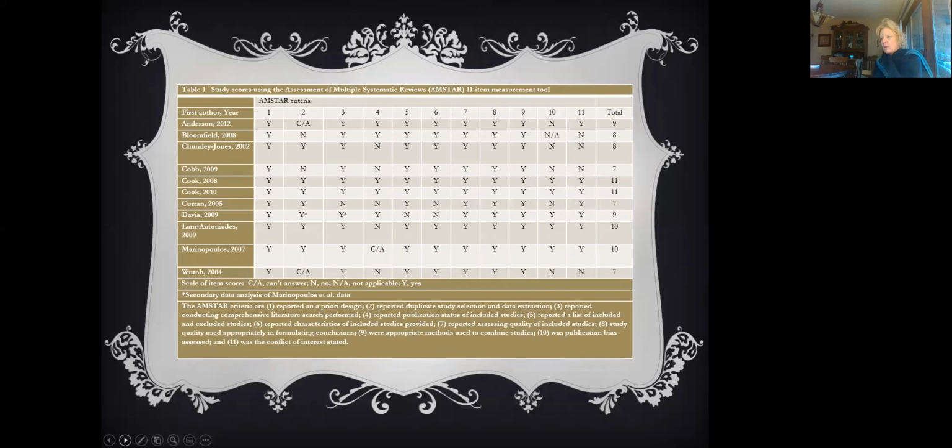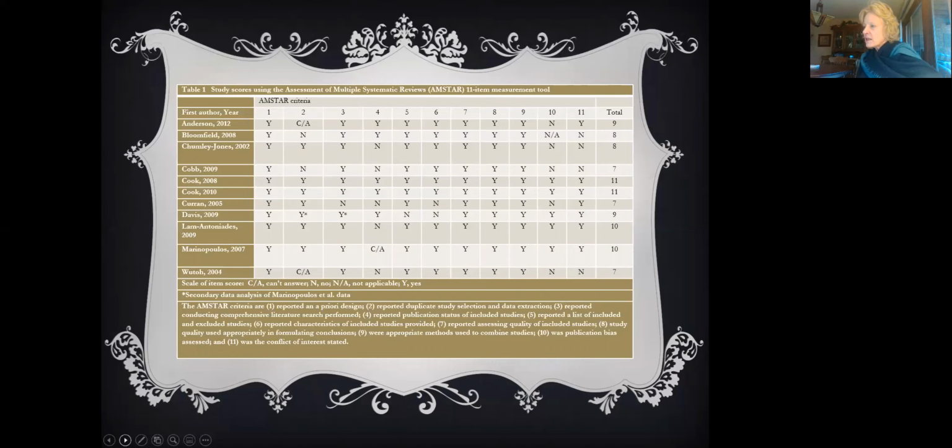So reported an a priori design, reported duplicate study selection and data extraction, reported conducting a comprehensive literature review, reported publication status of included studies, reported a list of included and excluded studies, reported the characteristics of the included studies, reported the quality of those studies, and the quality and appropriateness in formulating conclusions, and then were appropriate methods used to combine the study, and was publication bias assessed, and was the conflict of interest stated.